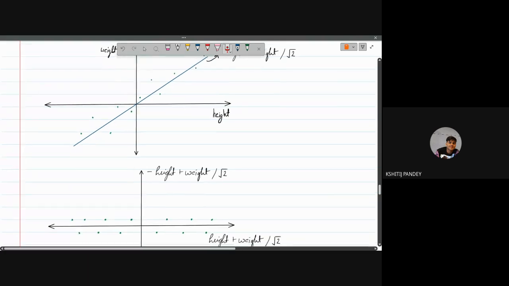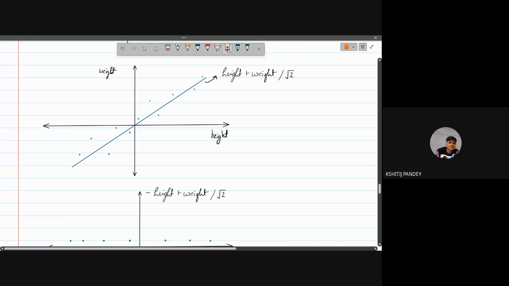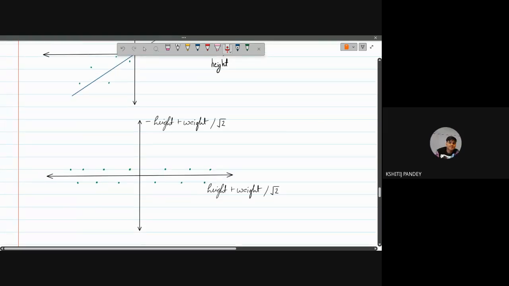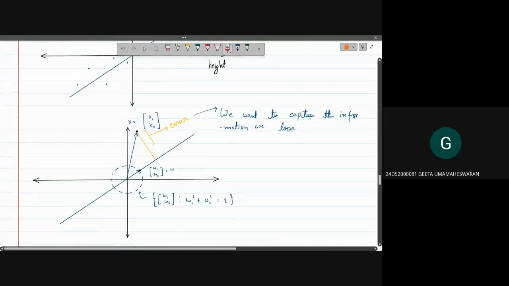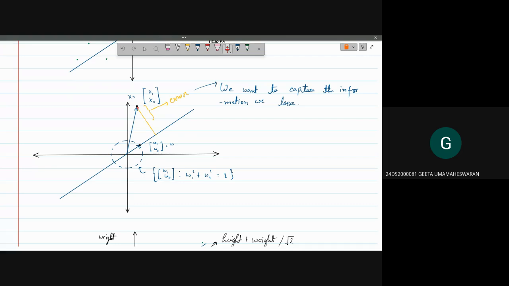Okay, let's just leave the dot product part. Maybe that's not correct. If you go to the previous diagram, this is the error vector in yellow, right? This error vector can be moved to the origin, and its length will be the same as a parallel vector which starts at the origin.